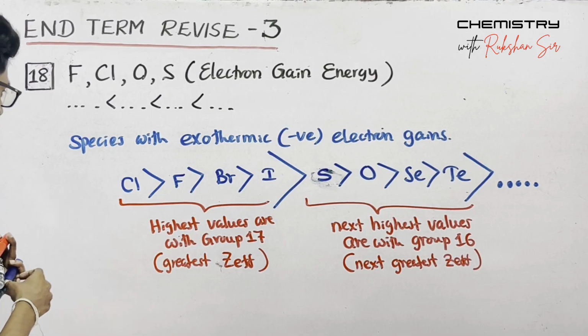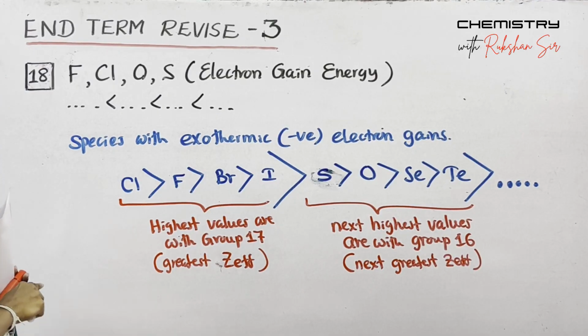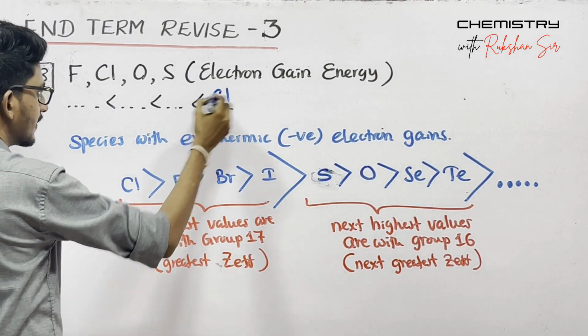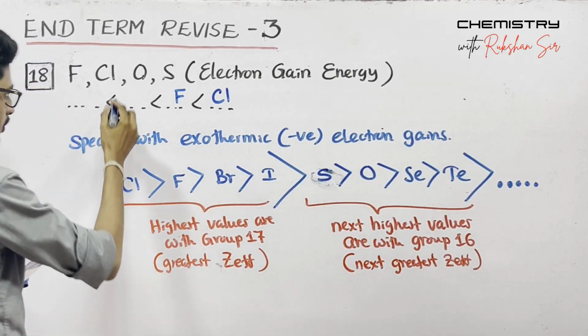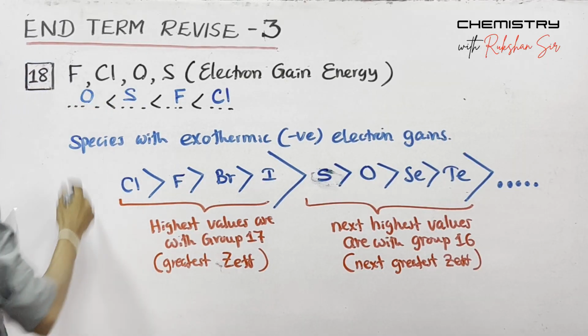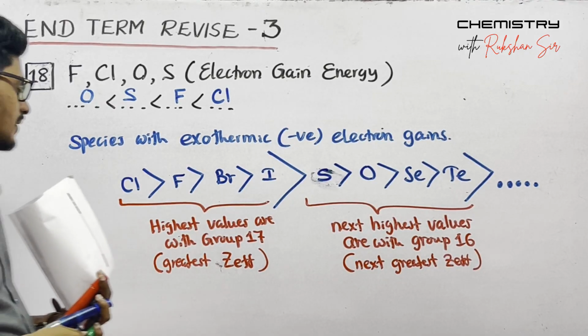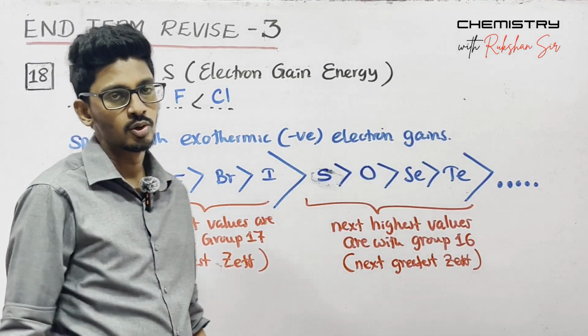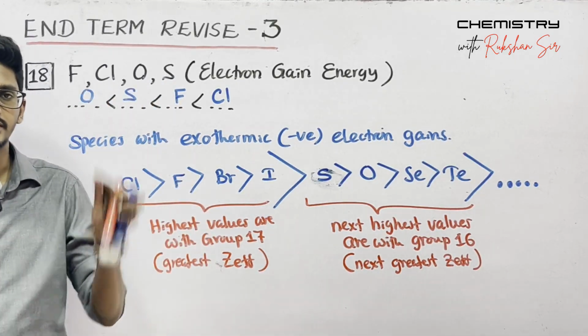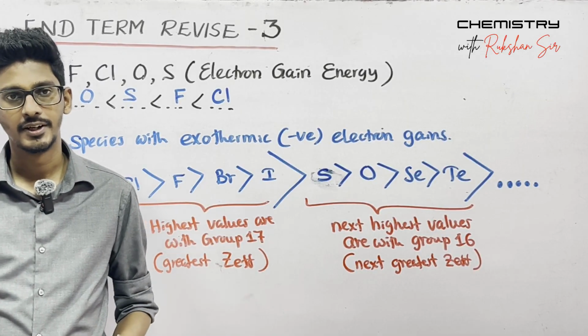So the one with the greatest first electron gain is the chlorine, then fluorine, group 17s, then you have the group 16 guys, so the sulfur and the oxygen. Normally going down, the electron gain decreases as the atomic size increases.